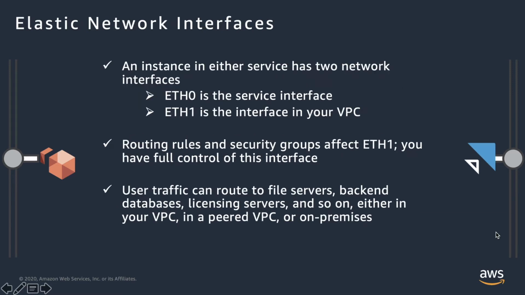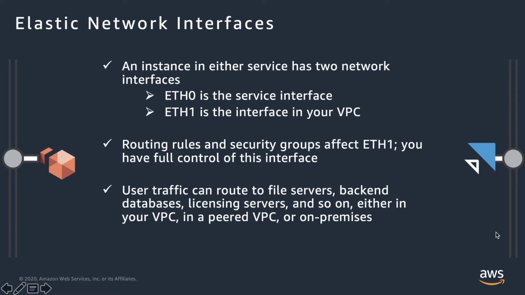Let's take a look at the ENIs that are associated with the instances, both with AppStream and with WorkSpaces. The instances in each of these services have at least 2 ENIs. The ETH0 ENI is for your control traffic, while ETH1 is the interface that connects to your VPC. The routing rules, security groups, everything is applicable on ETH1 and you have full control on this interface.